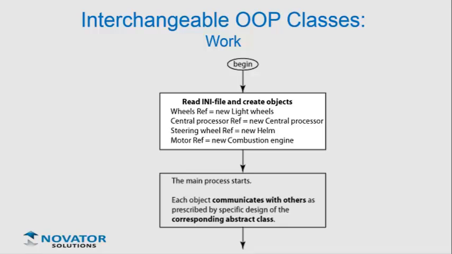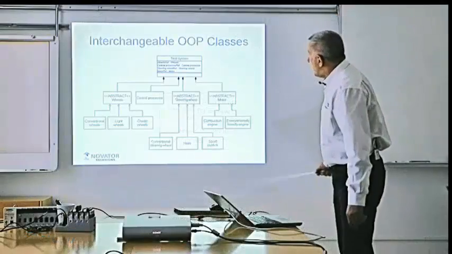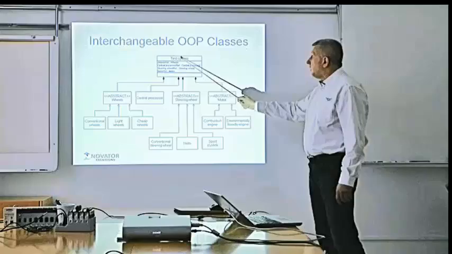And we create these objects, but we keep them as just wheels, just steering wheel, just motor, not as specific references, but we cast them to a higher abstraction level, because wheels are always wheels. Helm is always a steering wheel, but not vice versa, of course. And we keep them here in the test system.